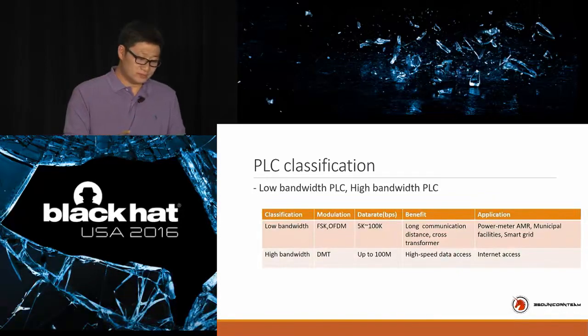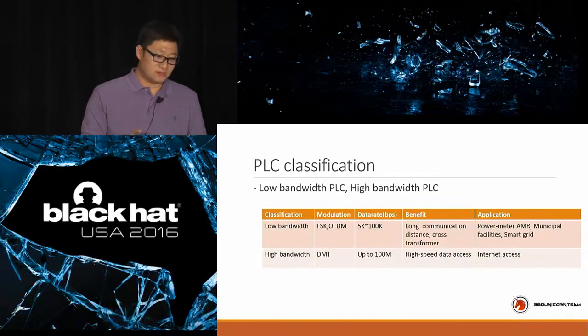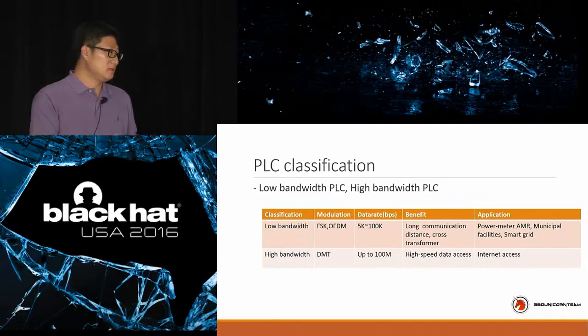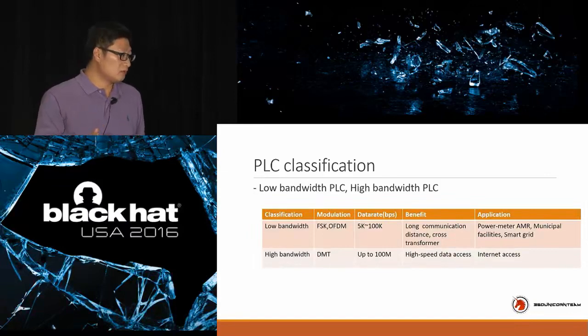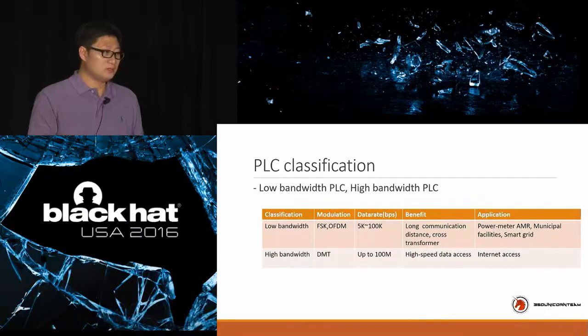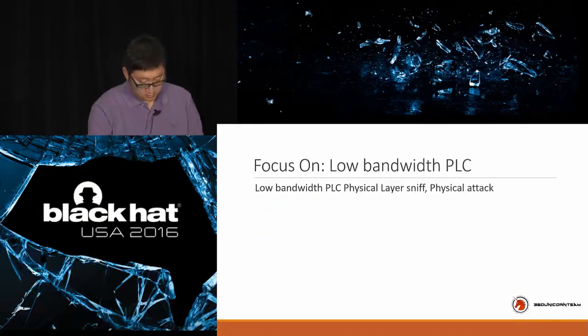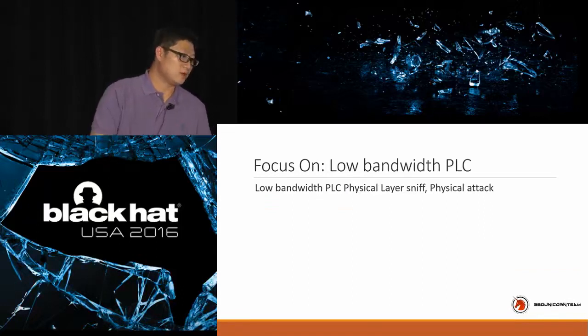Narrowband PLC uses FSK or OFDM modulation. The data rate is less than 100 kbps, but the communication distance is longer, and it can also pass across the transformer. So it is used for power line AMR systems and city facility systems. For my topic, I will focus on narrowband PLC.